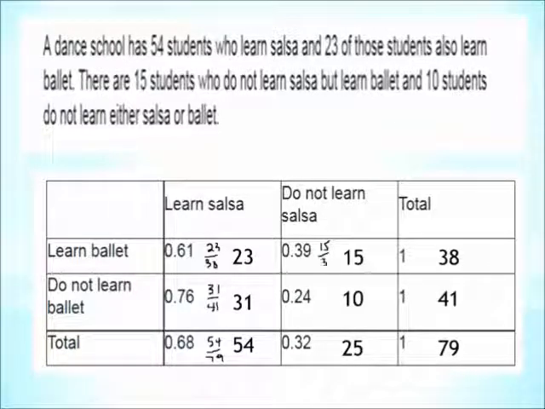Here it would be 15 divided by 38, 10 divided by 41, and 25 divided by 79. Of course, these are not written in percentages. You would actually convert it to 61%, 76%, 68%, so forth and so on.